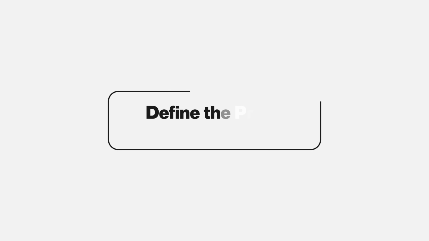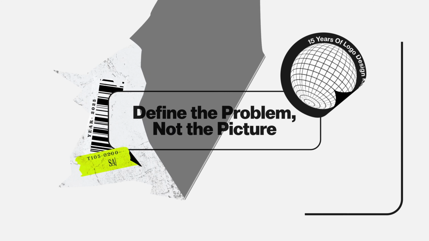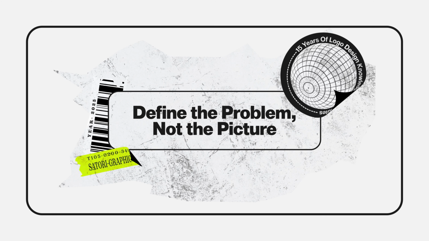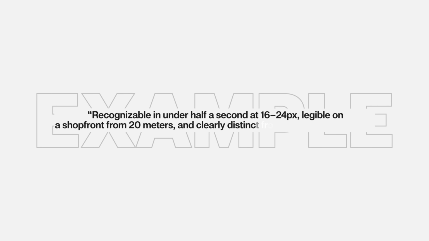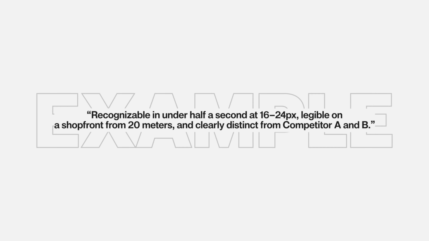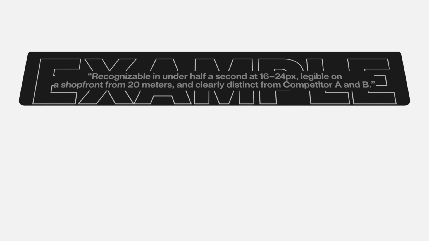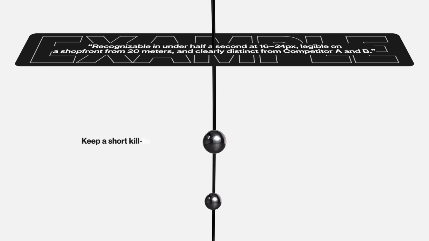Before laying down a single vector path, write one punchy sentence that defines success for your logo project. For example, it might be something like: recognizable in under half a second at 16 to 24 pixels, legible on a shop front from 20 meters away, and clearly distinct from competitor A and B. Now under that, keep a short kill list, so no micro details under 24 pixels, no gradient dependent reading, no symbolism chaos.